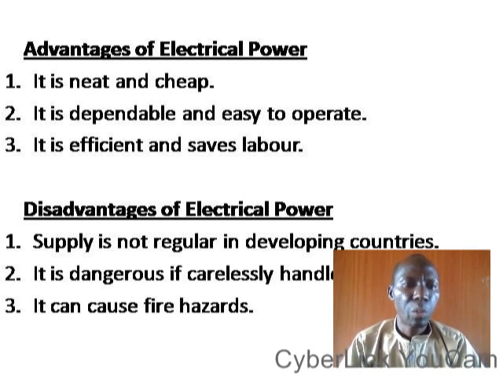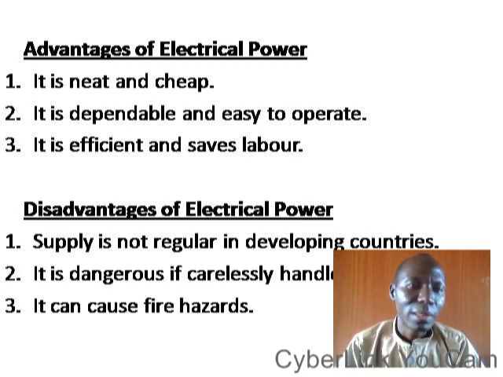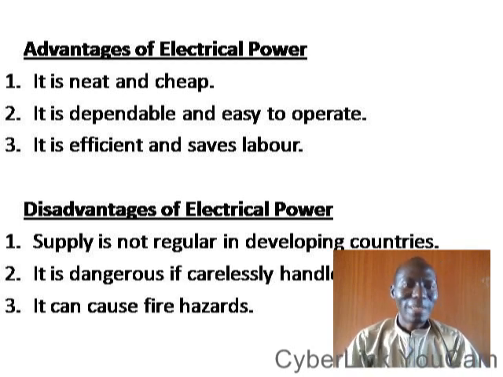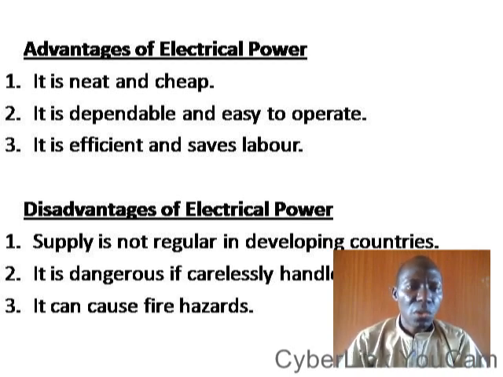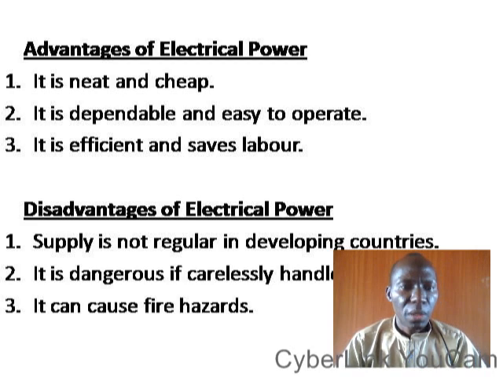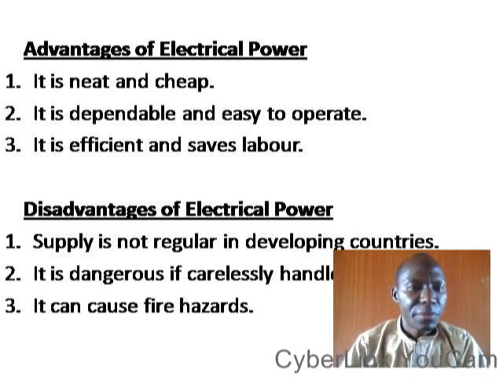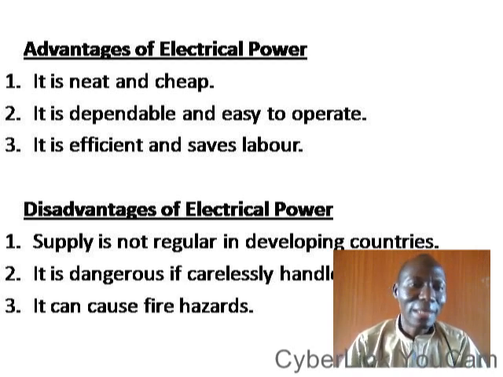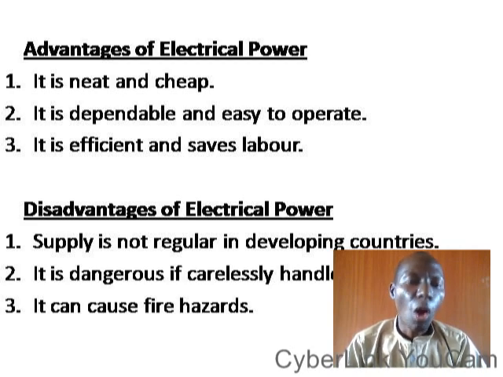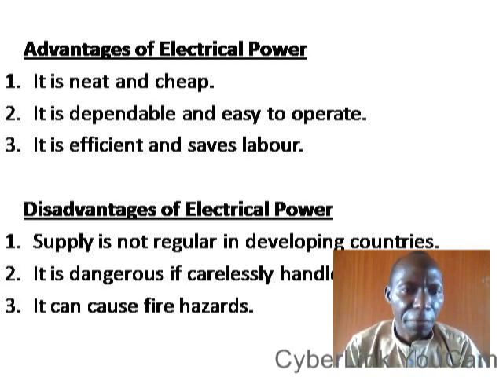Advantages of electrical power: one, it is neat and cheap. What we mean by it is neat is that the development and the production does not require materials that can litter or dirty the environment.